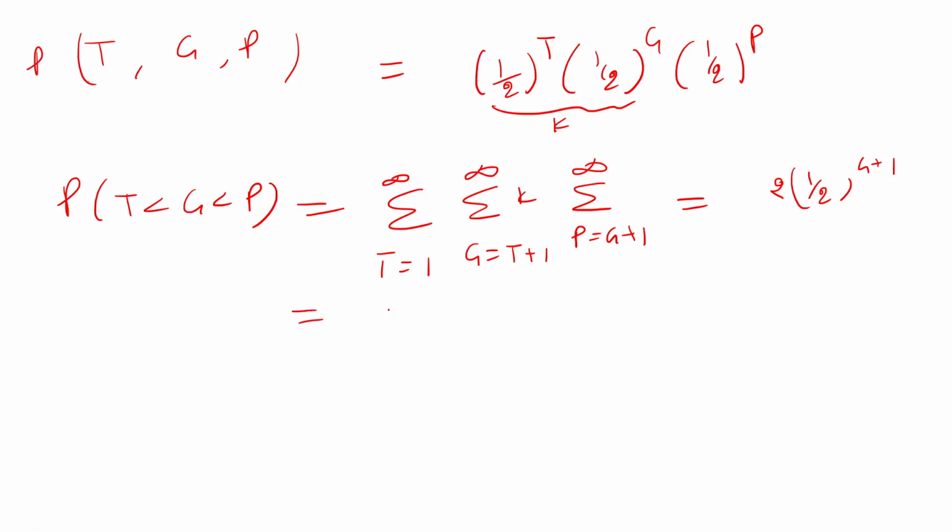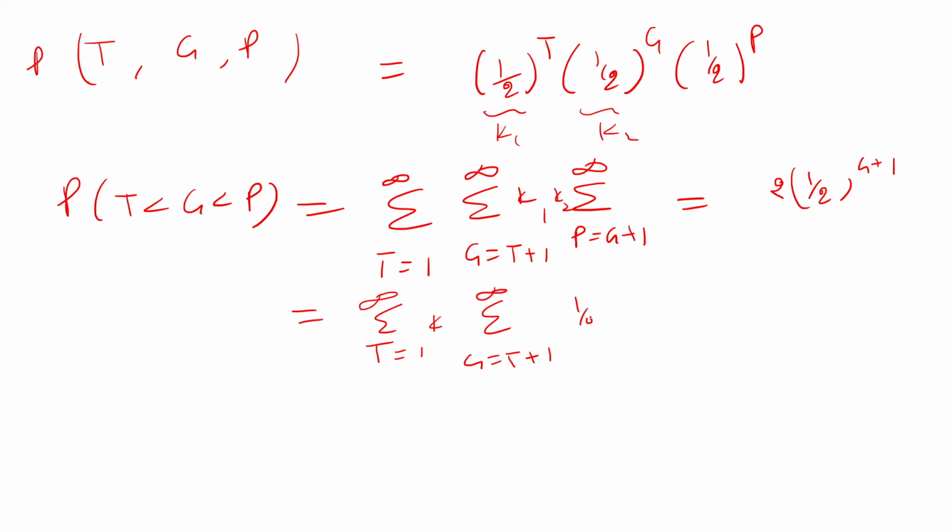So the next sum: I'll forget about this and just do the second term. This is K1, this is K2. Let's forget about K1 and sum K2, g equals t plus 1 to infinity, as long as it is greater than t.